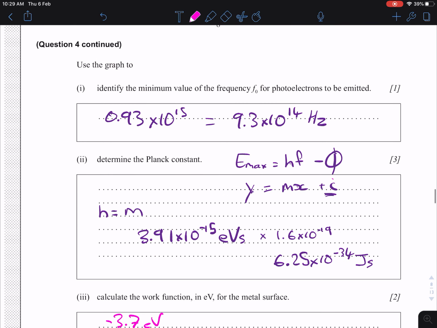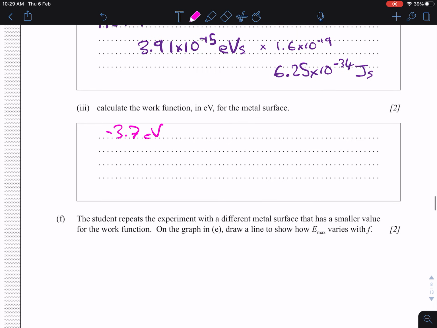And remember that this is plus c and this is minus, so we need to do the negative of that to get the actual value for the work function. So the work function equals the negative y-intercept, which is 3.7 electron volts. Now the mark scheme will let you be a little bit more vague than that. They will allow you somewhere between 3.6 and 3.8.